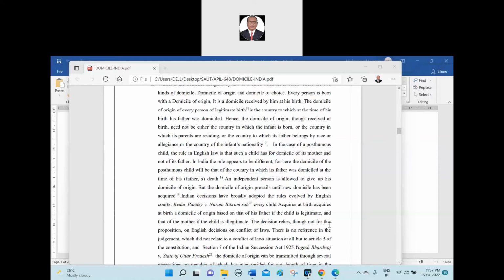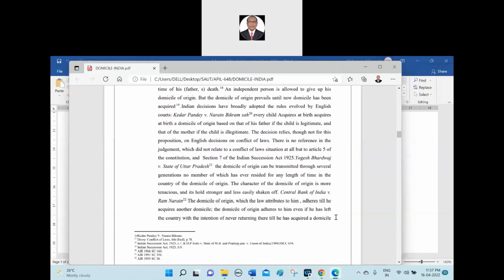There is no reference in the judgment which relates to the conflict of laws situation at all, but as article 5 of the Constitution of India, we need not worry about this article, and we will only concentrate on the principles involved, which are more important to us.